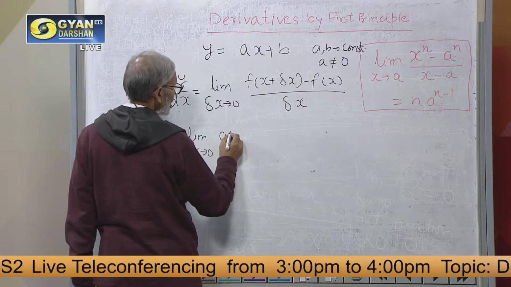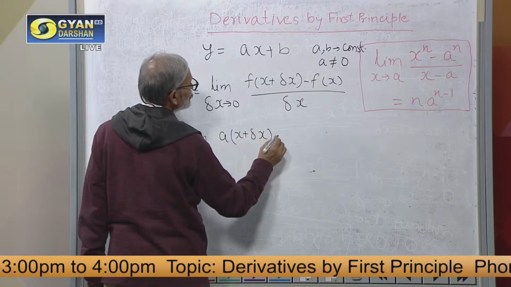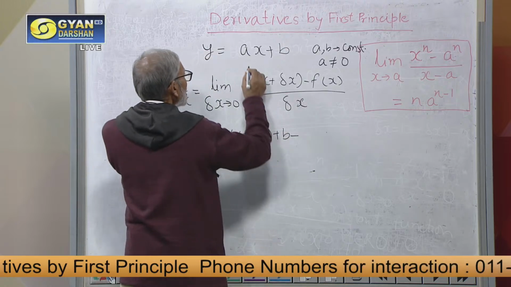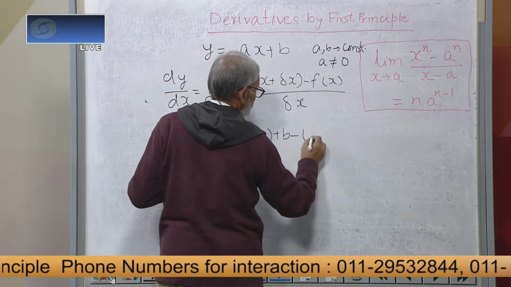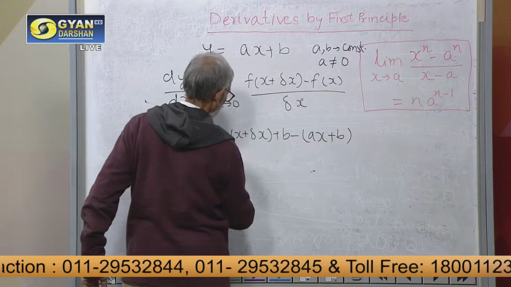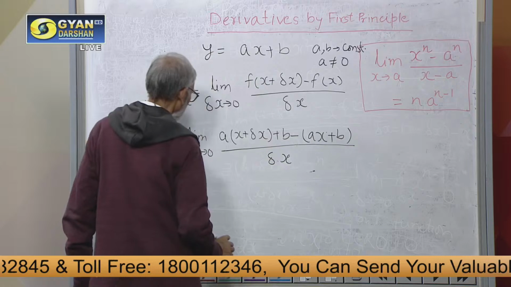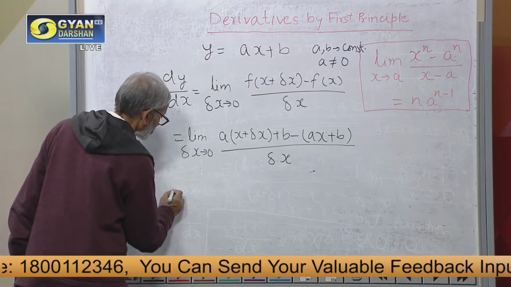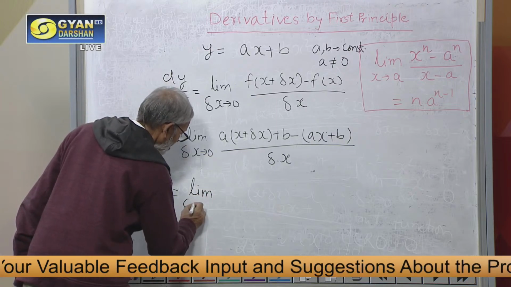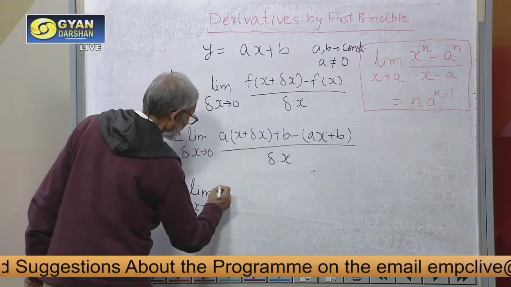So in place of x, I will write x plus delta x, plus b, minus f of x, which will be ax plus b, divided by delta x. Now I will open the bracket.